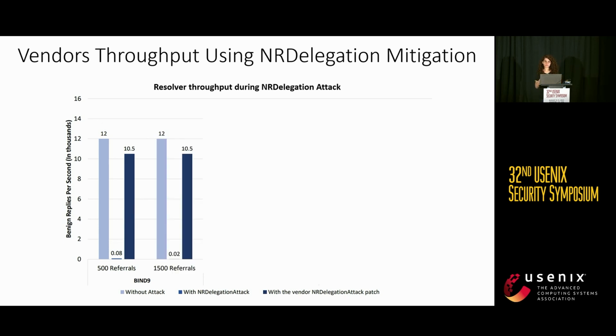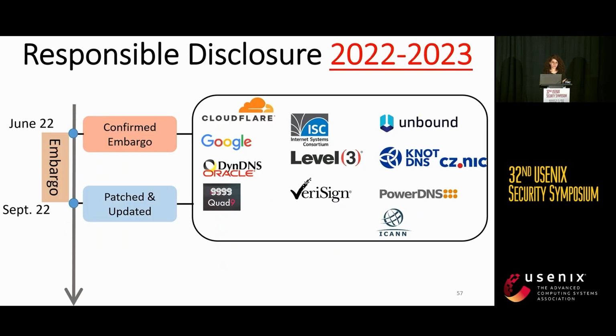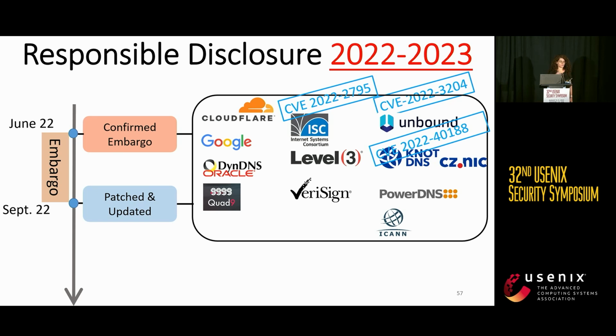The interesting thing to see here is that no matter what the size of the referral list was, the attack was bounded the same way, because we bound the searches at the same number. We also tested it, of course, on other vendors. In terms of responsible disclosure, we disclosed this issue to all the vendors we tested, to all the open resolvers, and to ICANN, which directed us to more resolvers that we tested and that patched their versions as well.